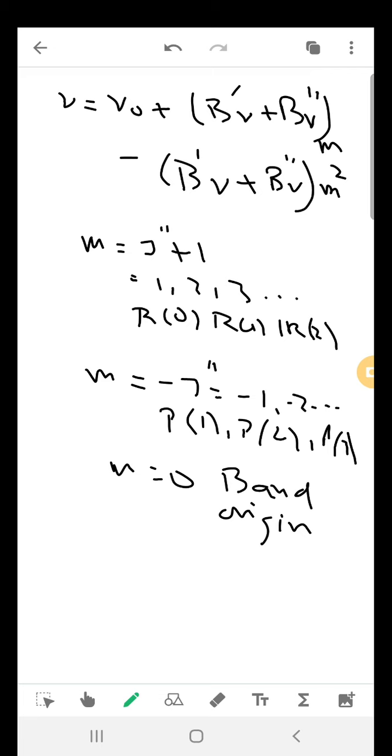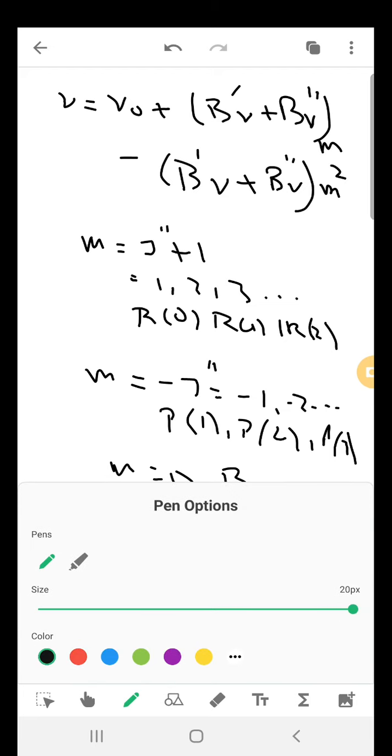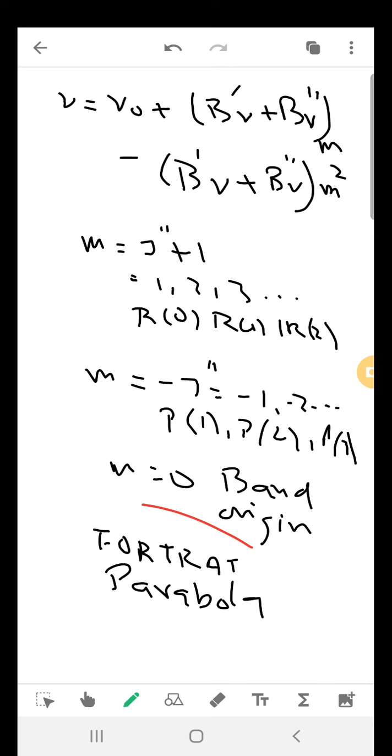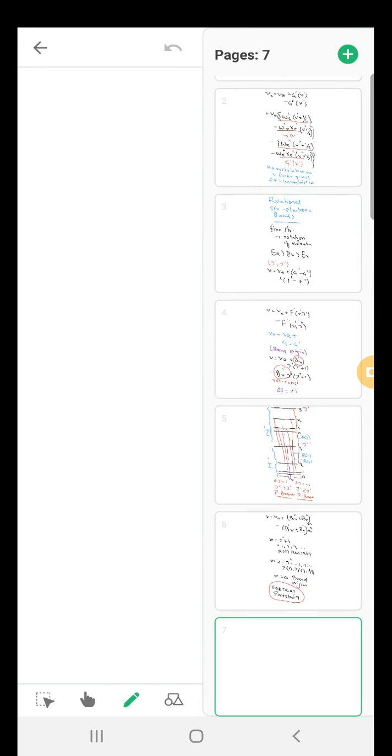So based upon this we can draw a diagram. It's called portrait parabola. It takes the shape like this.